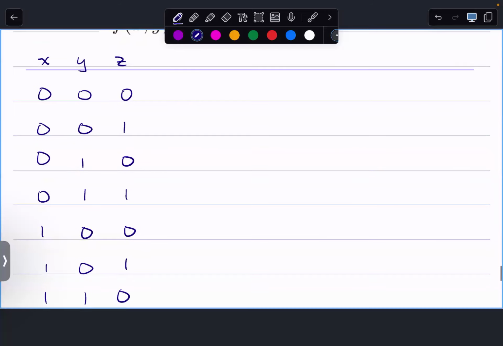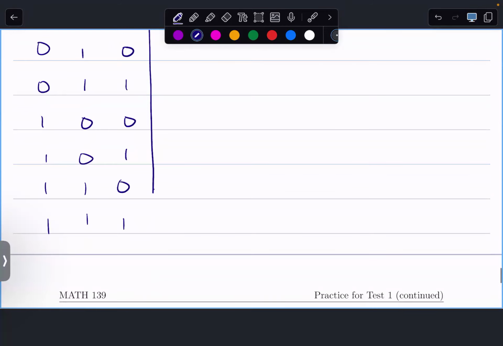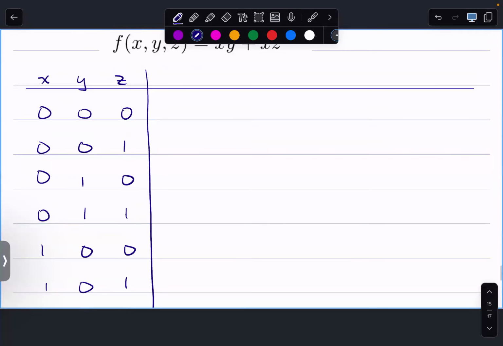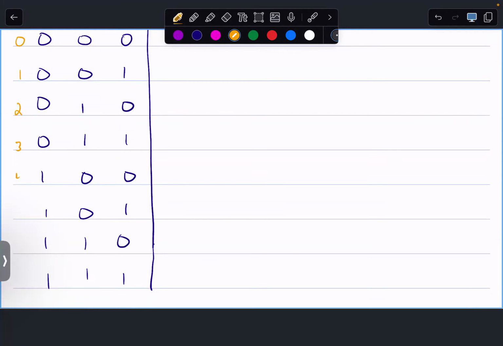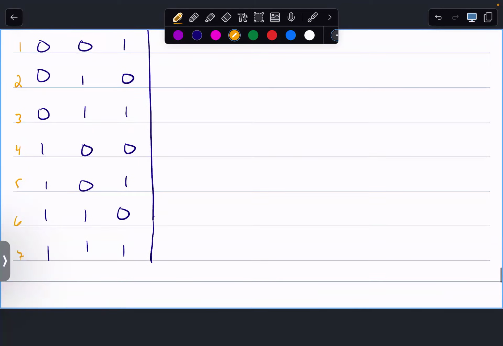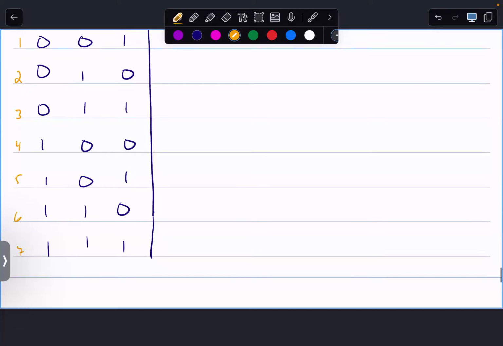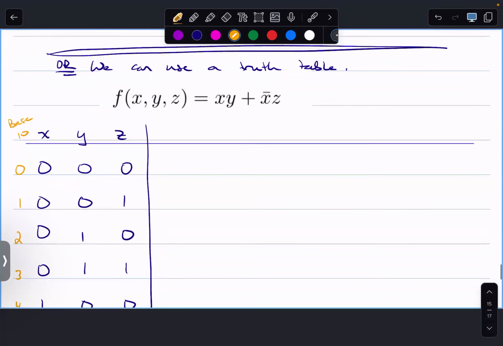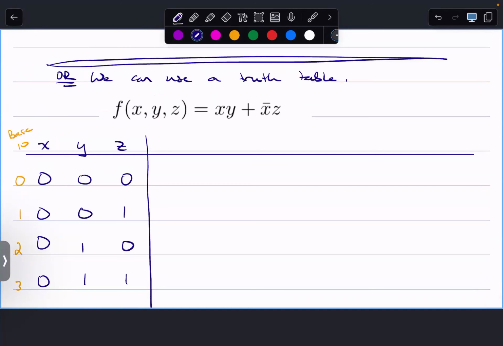That's the first thing you need to do. And this is where I like to just jot down the base 10, even though I called it binary earlier. Because now I can just list them 0, 1, 2, 3, 4, 5, 6, 7, and I don't need to know them very well. Hey, that sounds kind of familiar, huh? We are about to do the exact same thing, just in a different way.